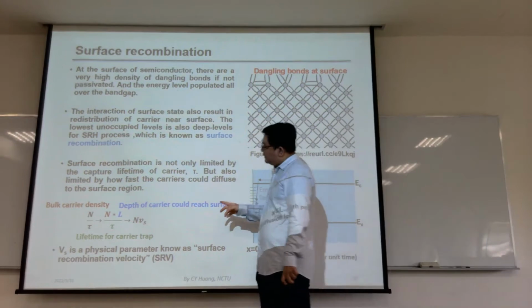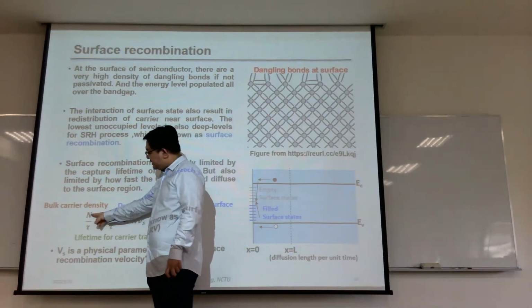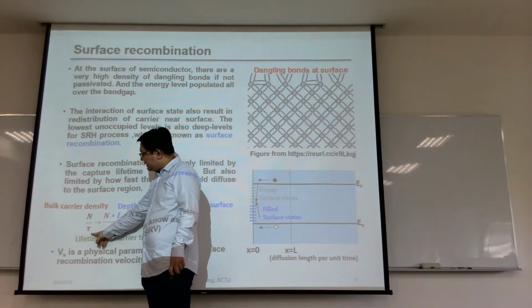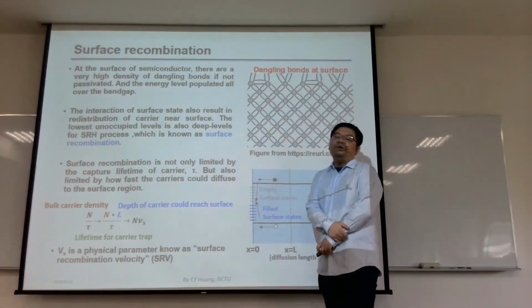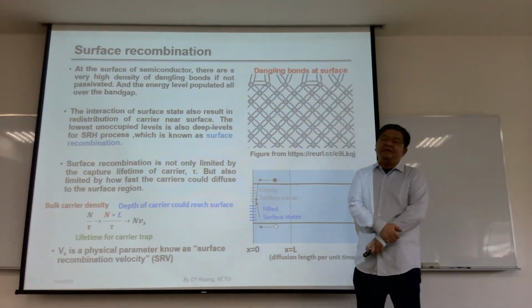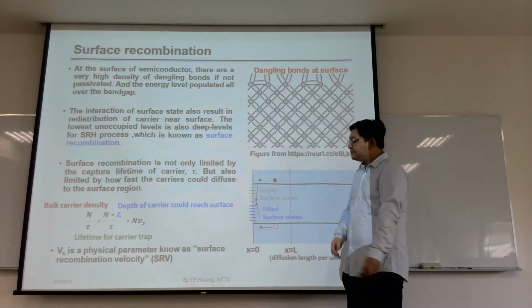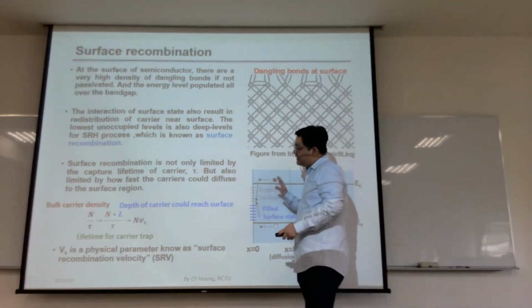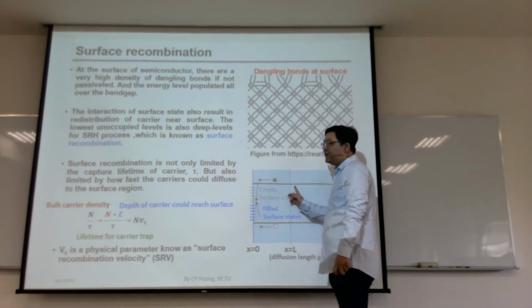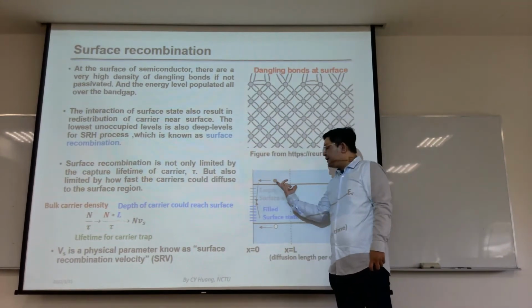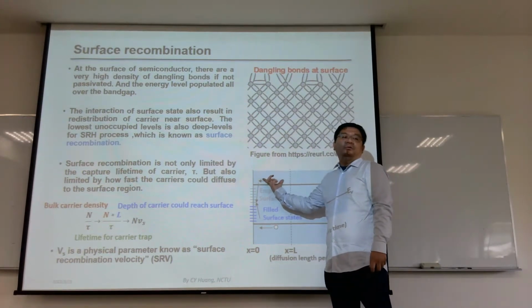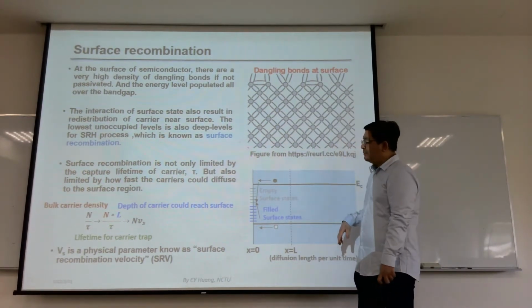So the carrier density divided by the non-radiative time is the overall non-radiative transition rate. But for surface recombination, we need to consider how big the overall volume is that is included for the surface recombination.